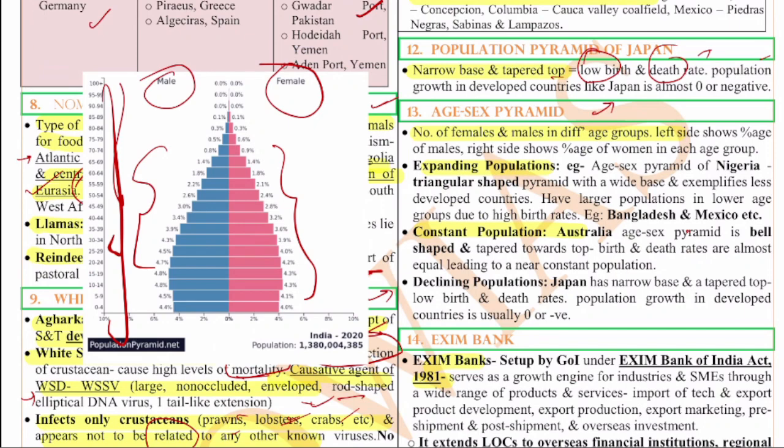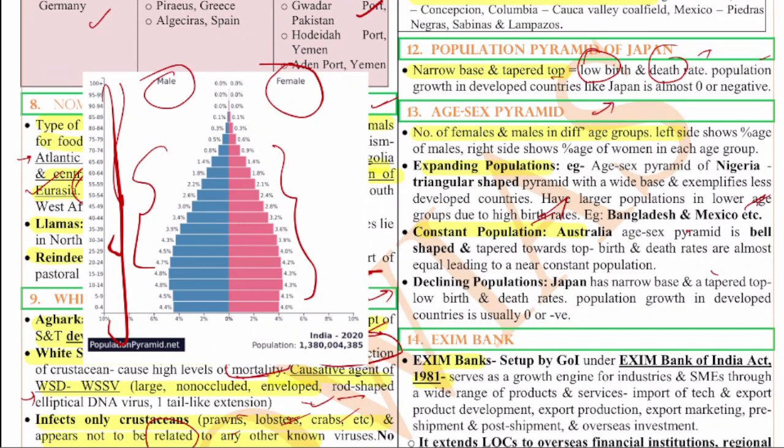Expanding population: in the age sex pyramid of Nigeria, especially, we can see this expanding population. In the expanding population, it will have a wide base and narrow top. They have larger population in low age groups, countries like Bangladesh, Mexico, etc. If you see constant population, Australia's age sex pyramid is bell shaped and tapered towards the top.